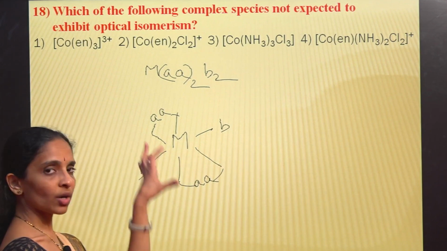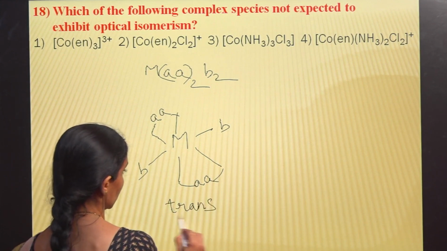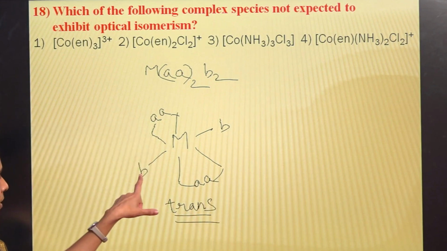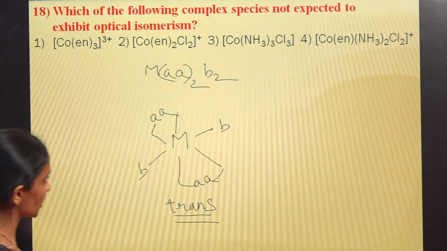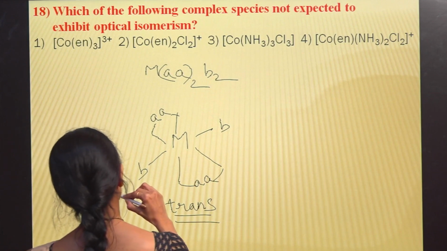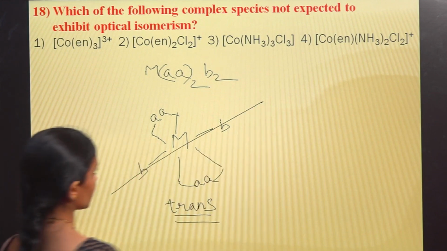Now actually what I have written is the trans form, is it not? Same ligands are present on the opposite sides, trans form, and clearly you can see that there is a plane of symmetry.